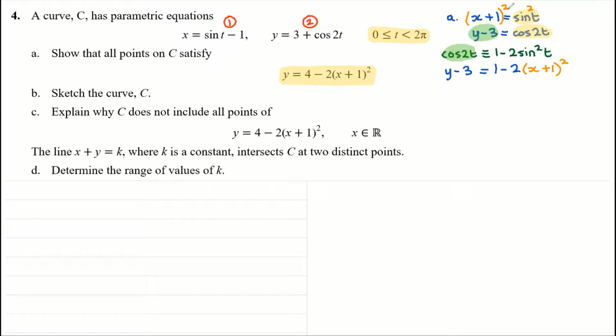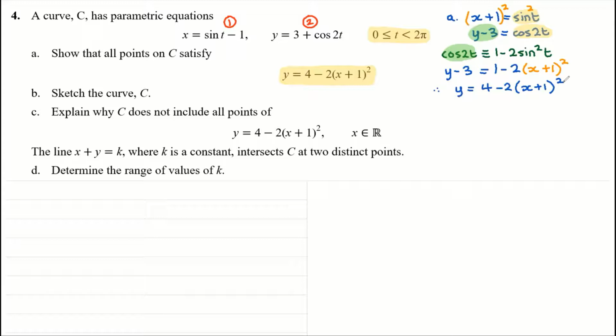Okay, so just so you're aware of that. Now, we've almost got the form we need. We just need to add 3 to both sides. So therefore, by adding 3, I get 4 subtract 2 lots of x plus 1 all squared, which is a quadratic, of course. Okay, so that's really good.